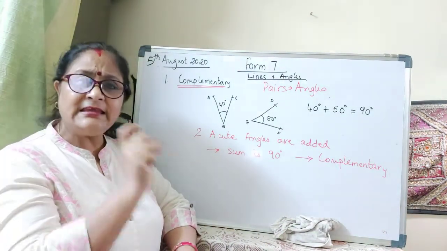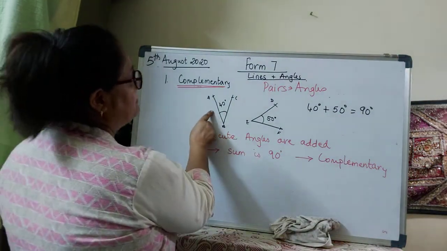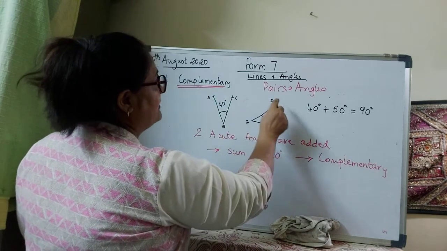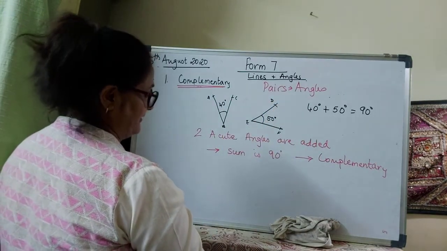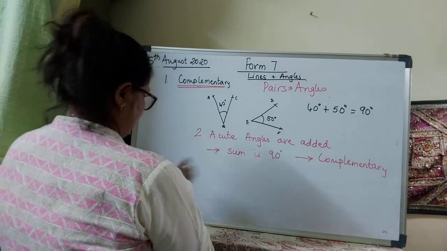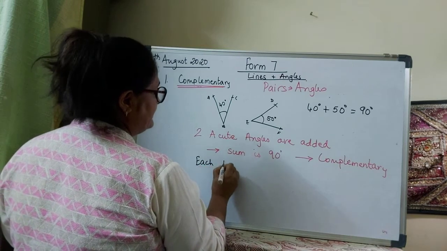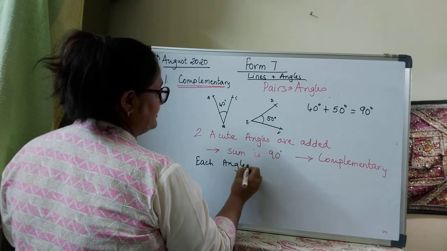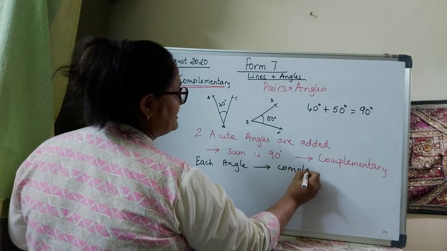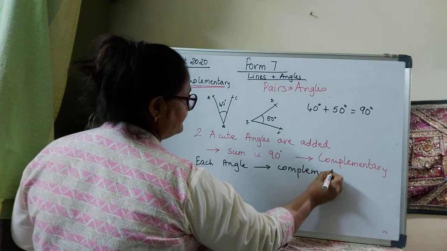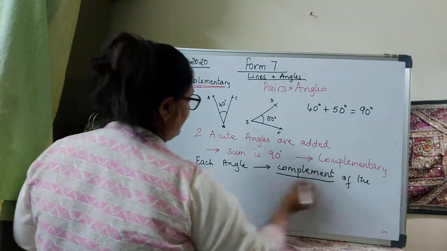So if two acute angles are added and their sum is 90 degrees, then they are known as complementary angles. Angle ABC is one angle, angle DEF is the other angle. Each angle is known as the complement of the other.